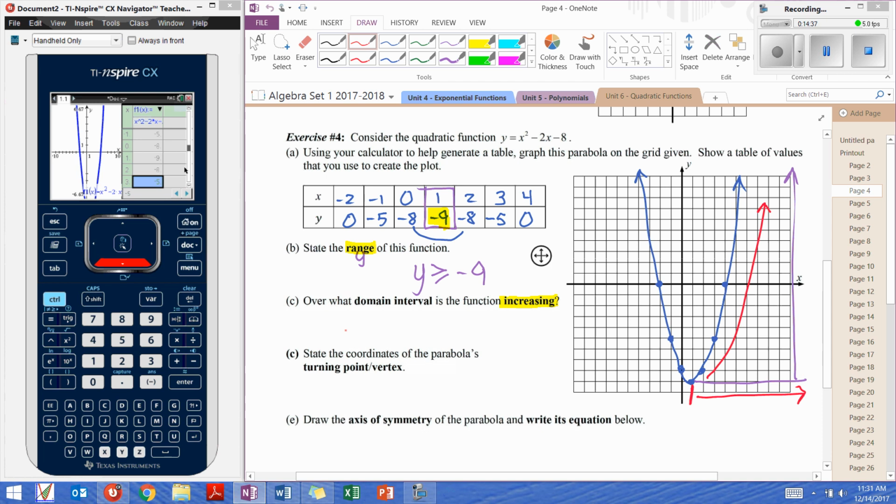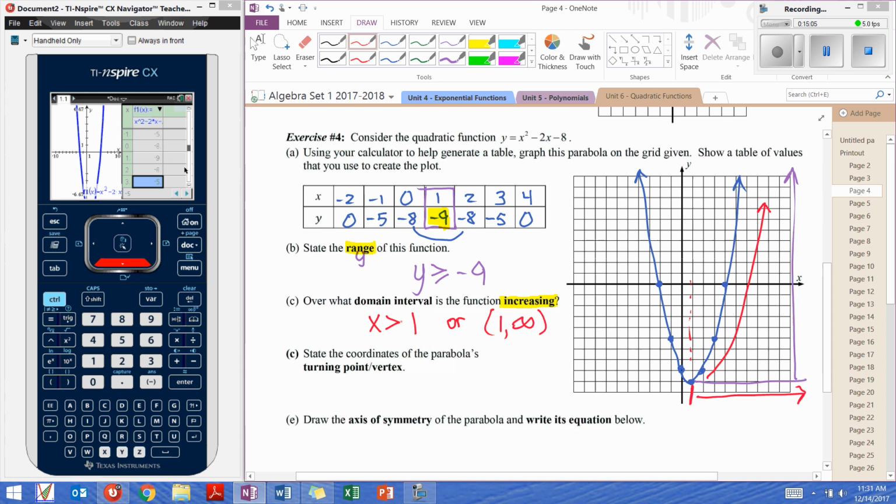So that means that x is always going to be bigger than, not equal to, we never include the turning point. What is this x value here? It's 1. So it's always increasing when x is bigger than 1. On the flip side, you could also write it in interval notation, 1 all the way to positive infinity.